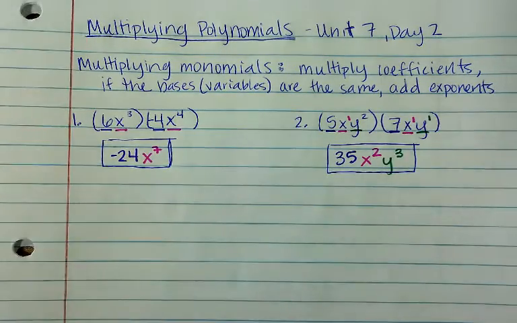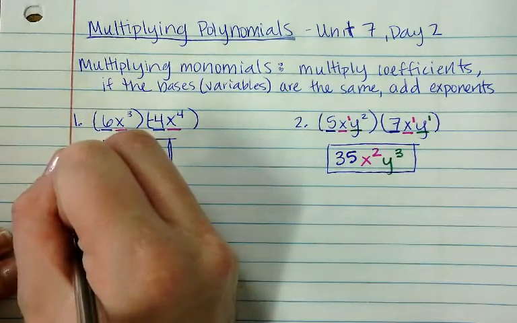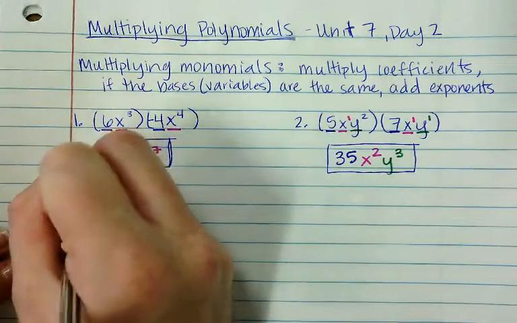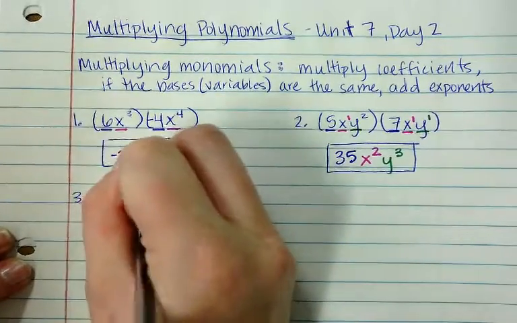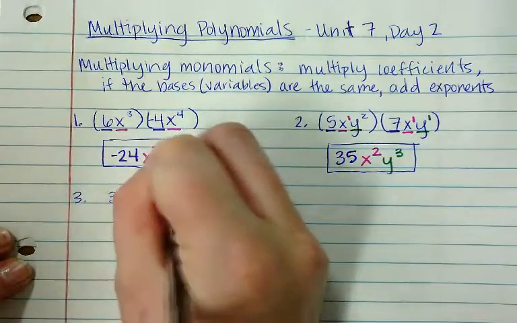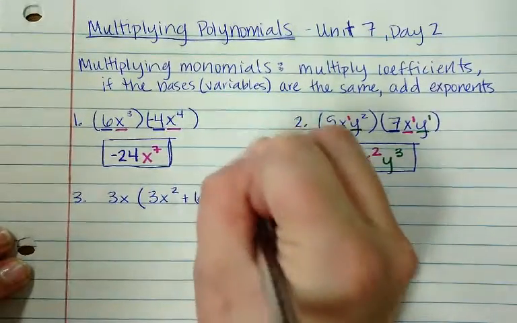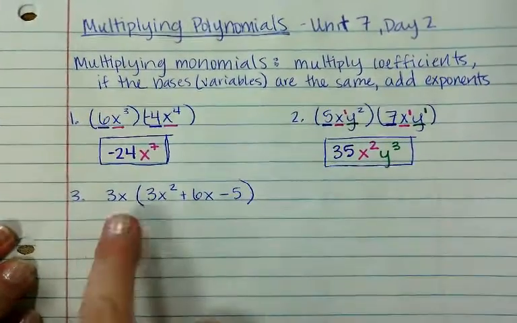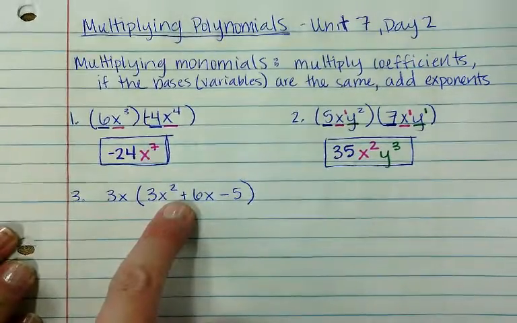It's going to get a little bit more exciting here. All right? So here we go. We're going to do number 3 now. And I'm going to write this as 3x, parentheses, 3x squared plus 6x minus 5. So now we have a monomial times a trinomial. All right?